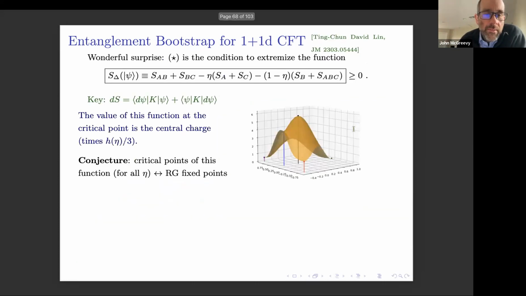And so it's very reasonable to conjecture that critical points of this function, as a function of the variation of the state, are in one-to-one correspondence with renormalization group fixed points.